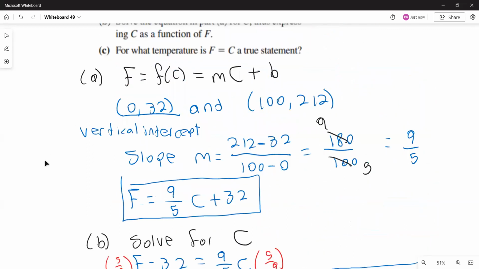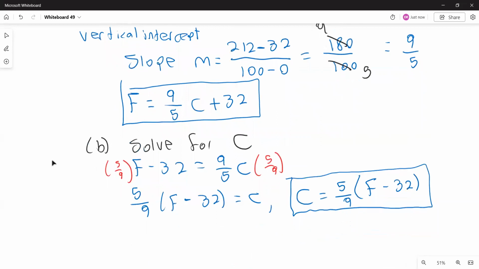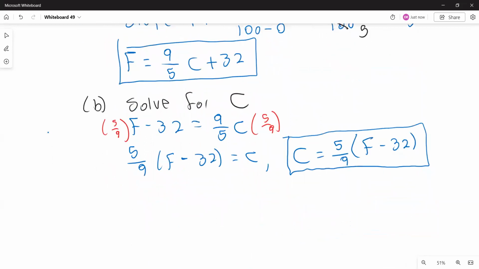And part C: for what temperature is F equals C a true statement? Okay, so for what value is F equal to C?